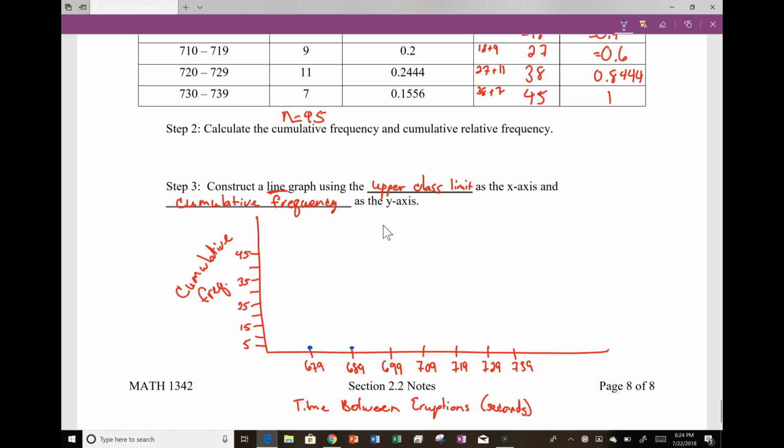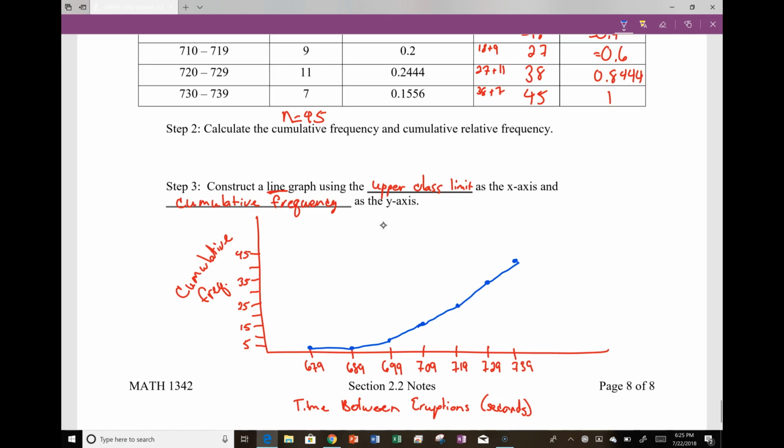Then I went up to 9, and then I increased to about 18, then to 27, then to 38, and lastly to 45. One thing about an ogive is once you start, it never goes back down. So I'm constantly either staying the same, like I did here, or increasing.